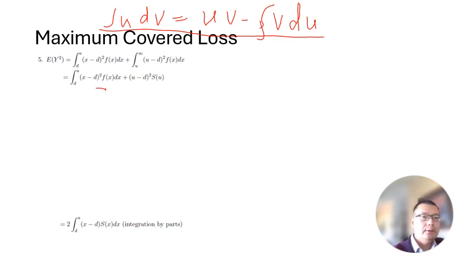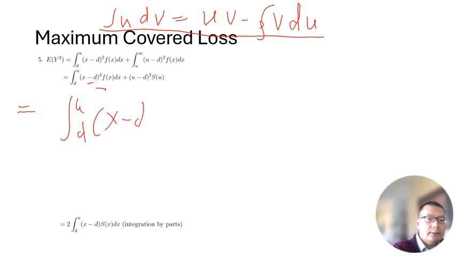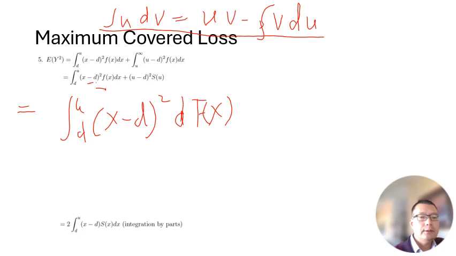So from here we got this part. Assuming this is u, then dv will be dF(x). This part will become (x minus d) squared dF(x), because small f(x) is just the derivative of big F(x), so this part will still be there.